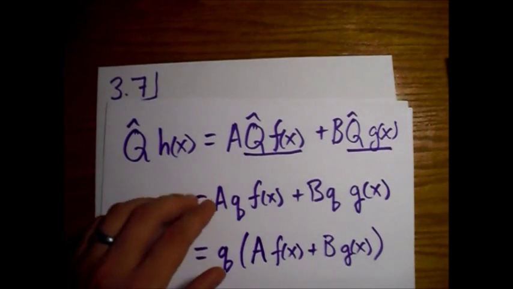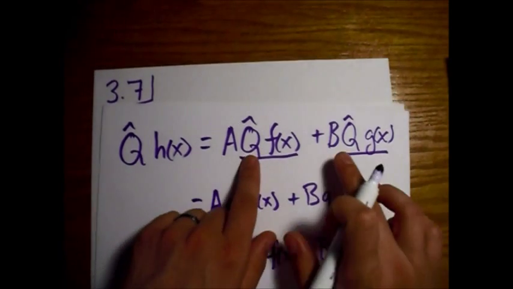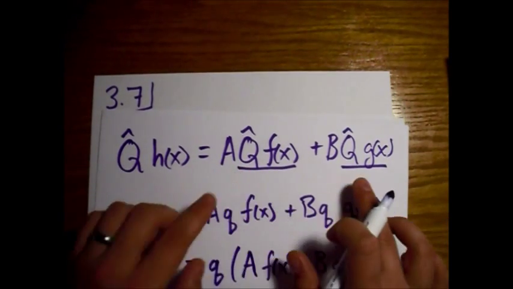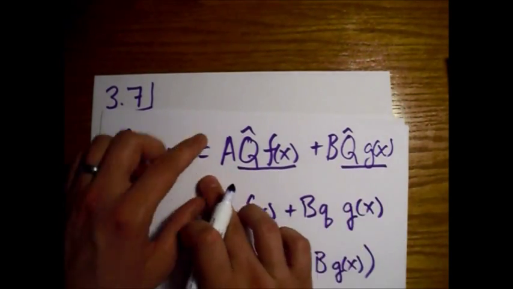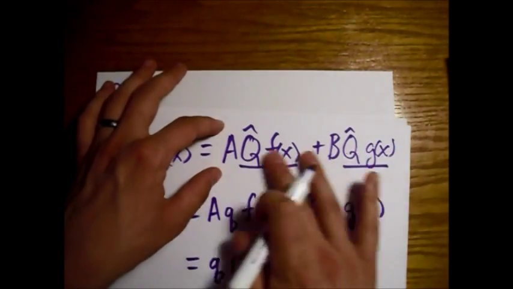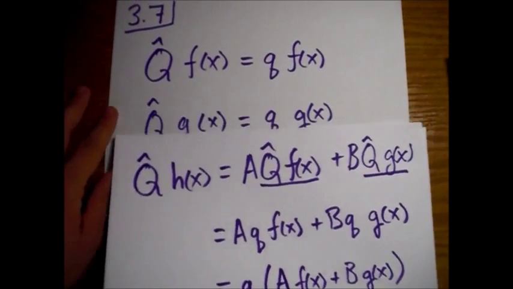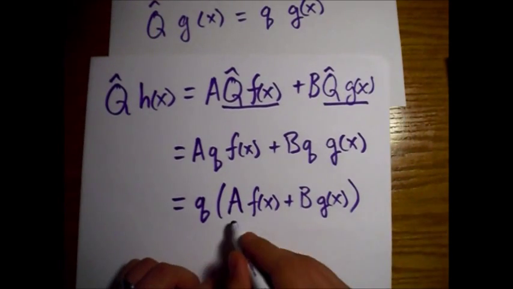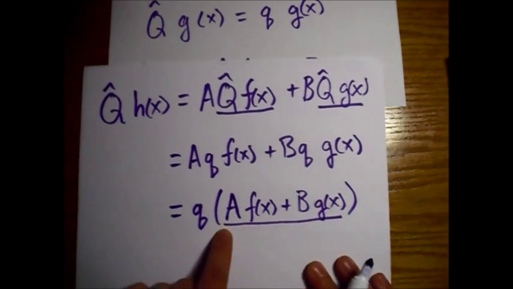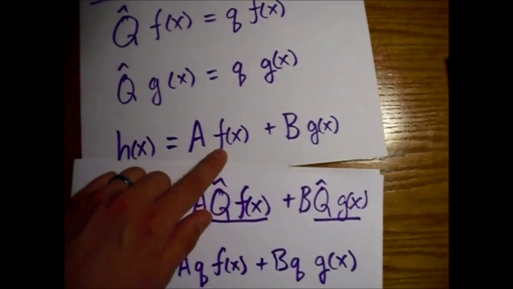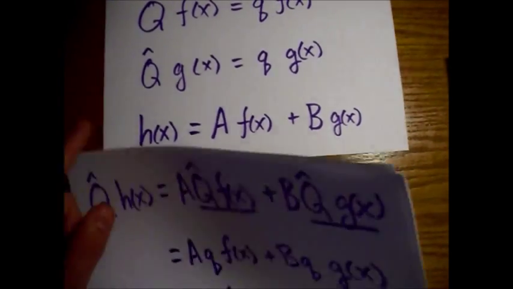I guess I should have written this with this big Q out in front of this whole thing at first, but same thing anyway. Now we look at this piece right here and we say, oh, a times f of x plus b times g of x, that's just h of x.